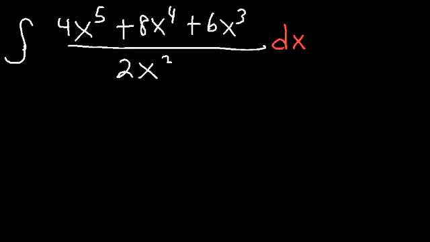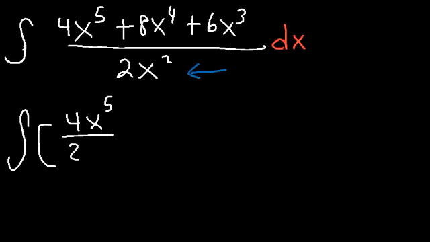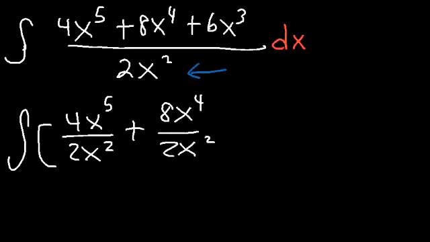If you have a fraction with only one term in the denominator, separate it into 3 smaller fractions. Divide everything in the numerator by 2x squared. So it's going to be 4x to the 5th power divided by 2x squared, 8x to the 4th power divided by the same thing, and 6x cubed divided by 2x squared.